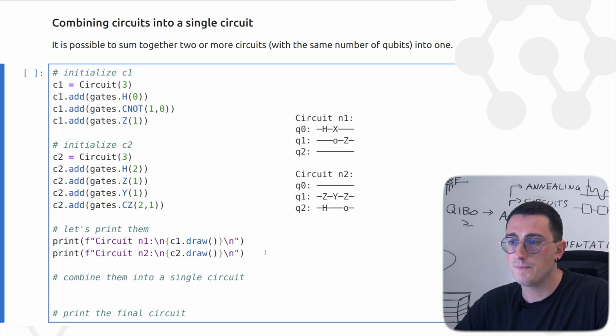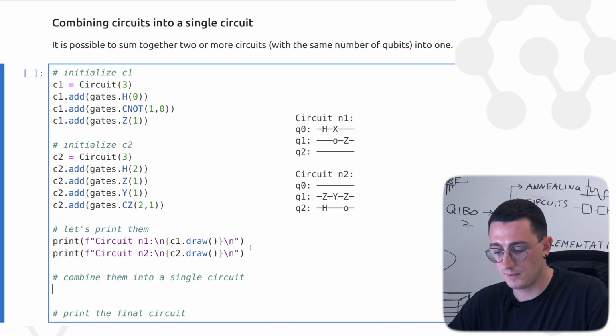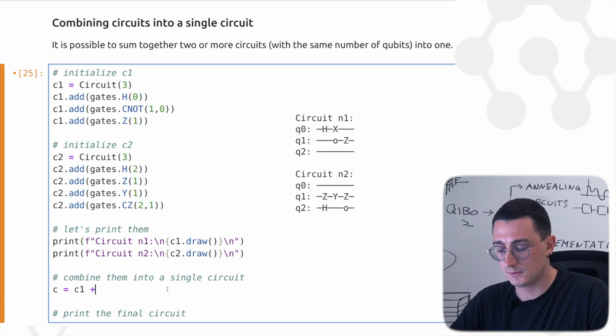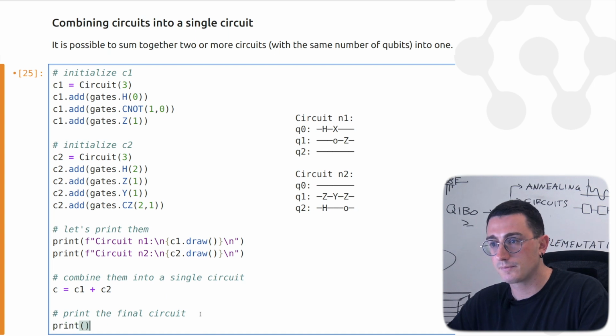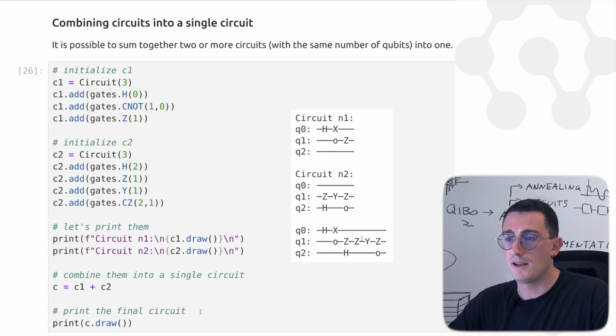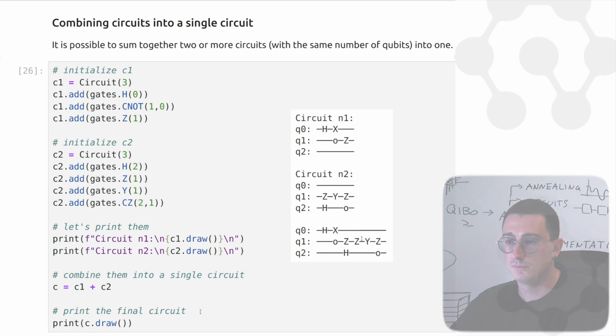So we have circuit 1 and circuit 2. Then if you want to combine them together, you can just type C equal to C1 plus C2. And then we can print C.draw. And as you can see, the final circuit is exactly the combination of circuit 1 and circuit 2.